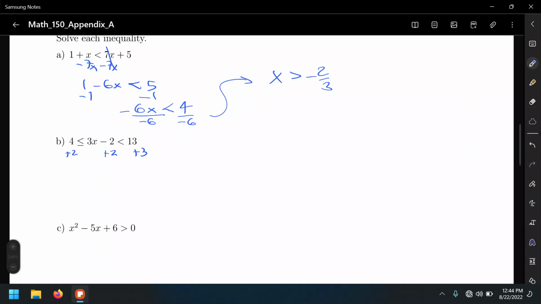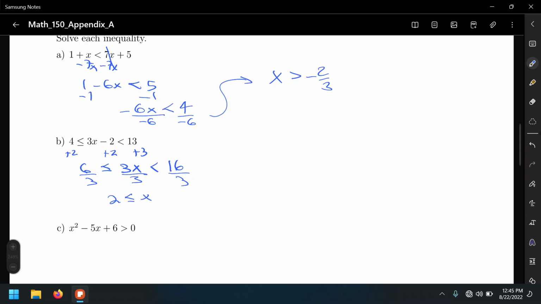Well, 4 plus 2 equals 6, less than or equal to 3x, less than 13 plus 2, that's 15. And we're only one step away from getting x by itself. All we have to do is divide the 3 sides by 3. That's going to give us 6 over 3, which is 2, and 15 over 3, which is 5. That's the x that we want.